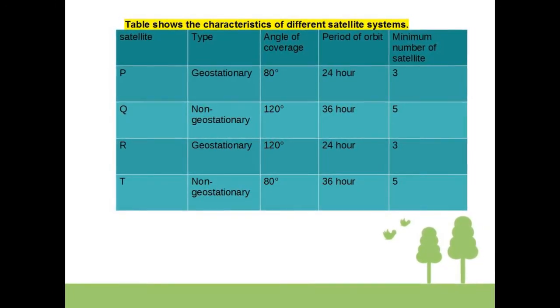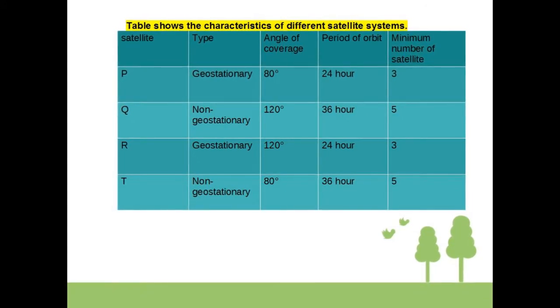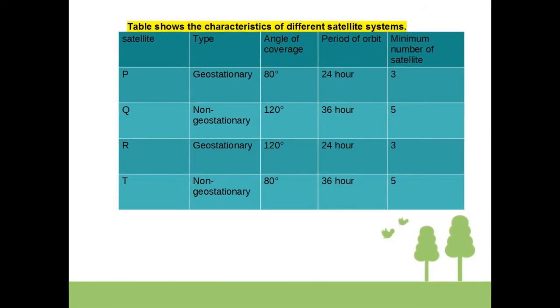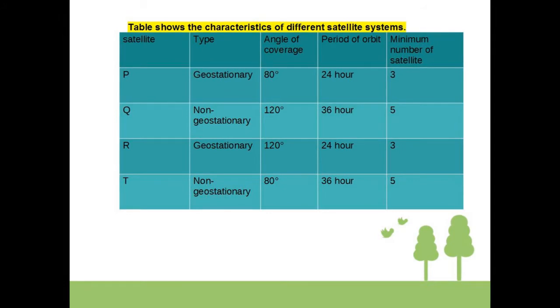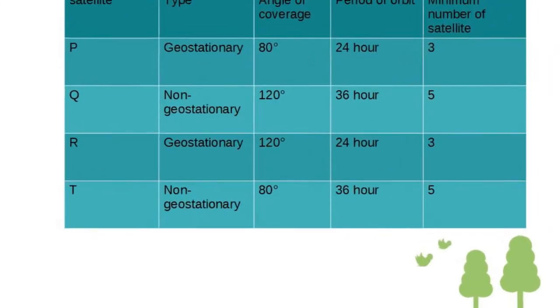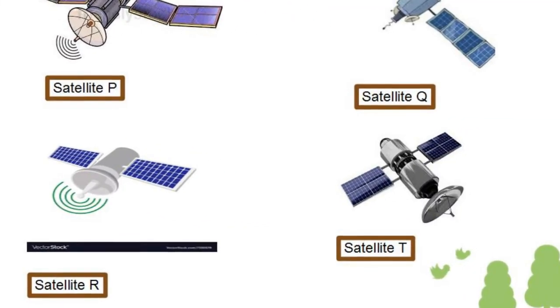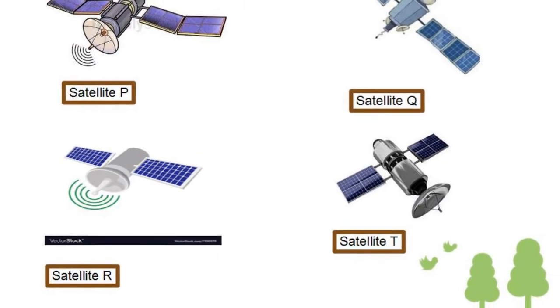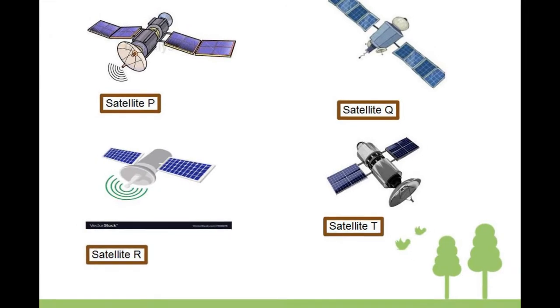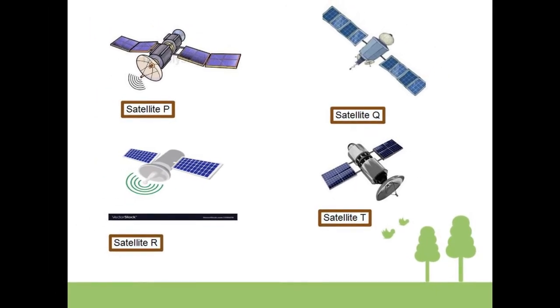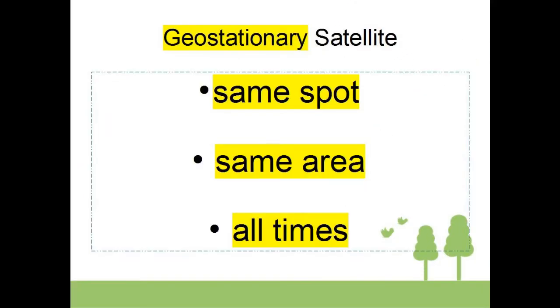Satellite T is a non-geostationary satellite with an angle of coverage of 80 degrees for 36 hours, and a minimum of 5 satellites are needed. Satellite P and satellite R are geostationary satellites, while Q and T are non-geostationary satellites.